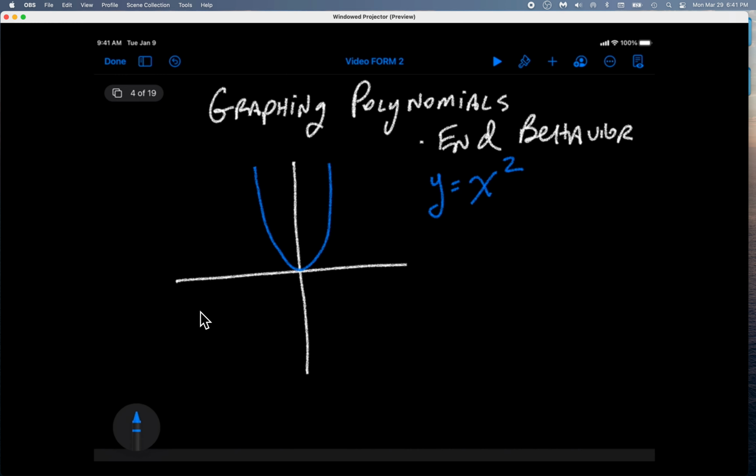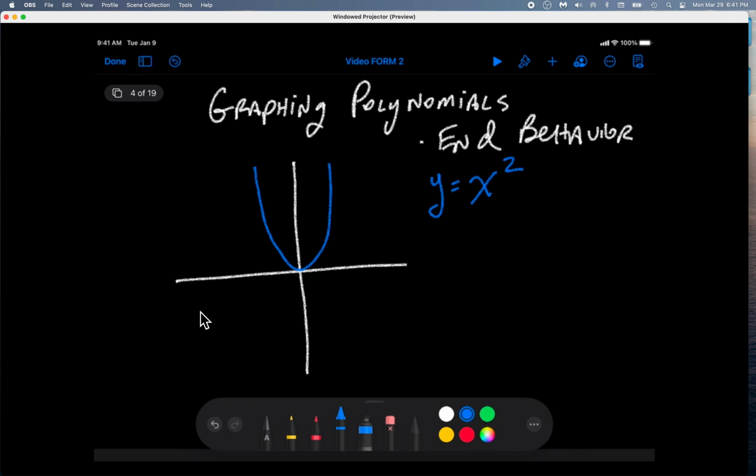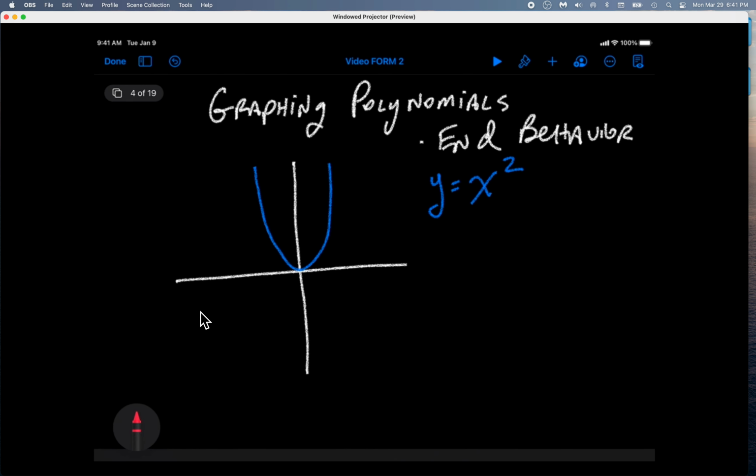So for this particular example, as we move in the negative x direction, as x approaches negative infinity, we see that y is increasing. So this graph is said to have a behavior that is up on the left. And we designate that like so.